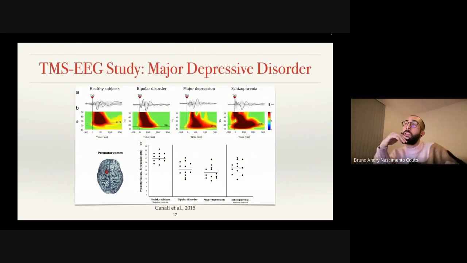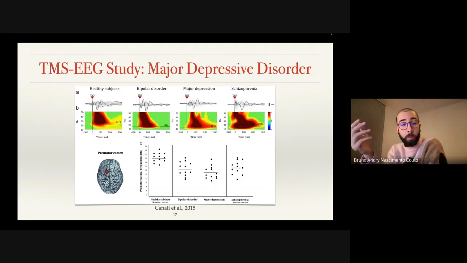I was planning on bringing one on major depressive disorder, but I just wanted to point out that there are a lot of pathologies you can investigate. And also you can start into this challenging field because many of the neuro disorders that we have share some of the aspects of the others.